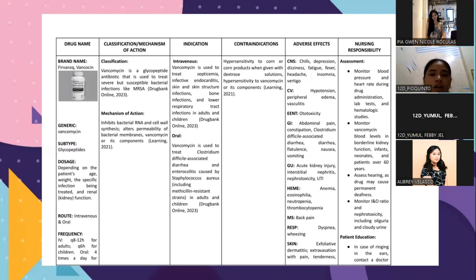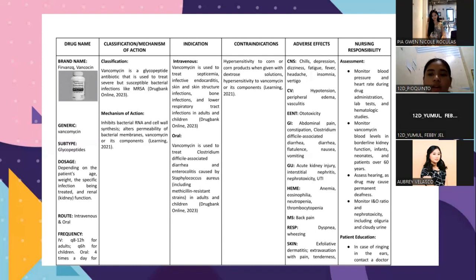So, in the classification of vancomycin, it is classified as a glycopeptide antibiotic. It is primarily used in the treatment of severe bacterial infection, particularly those caused by MRSA. So, in the mechanism of action, inhibition of bacterial cell wall synthesis, vancomycin disrupts the bacterial cell wall synthesis by binding to the D-alanine and D-alanine portion of cell wall precursor.